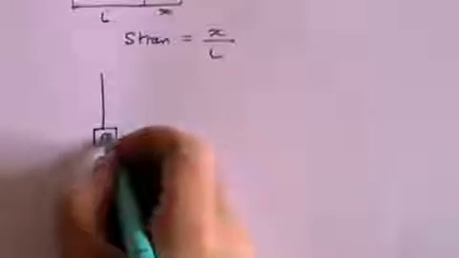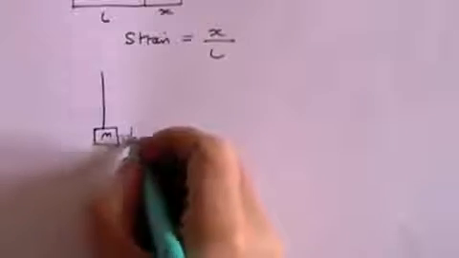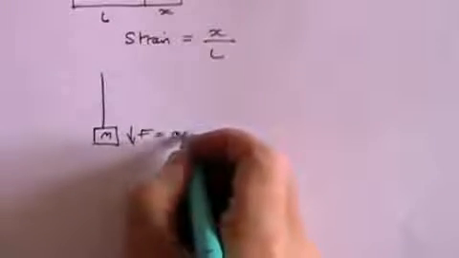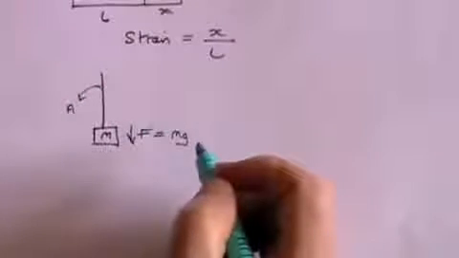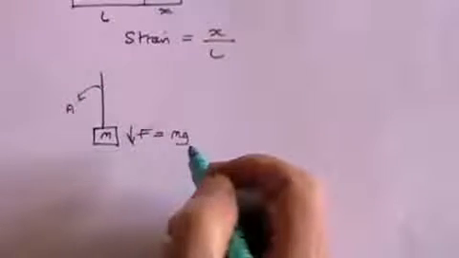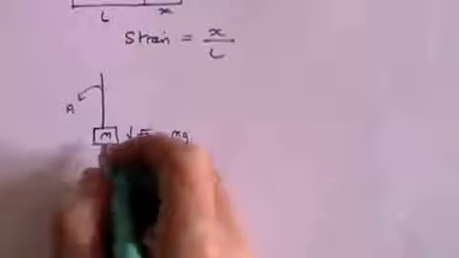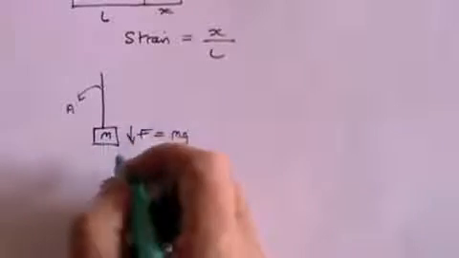And once again, you can perform an experiment where you take a piece of wire, you put a mass on the end of it so that the force is mg. You measure the cross-sectional area carefully so you know what it is, and you put different masses on and measure the extension that you get.